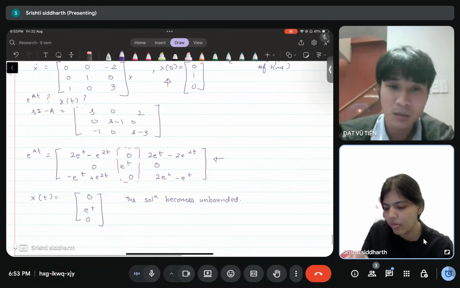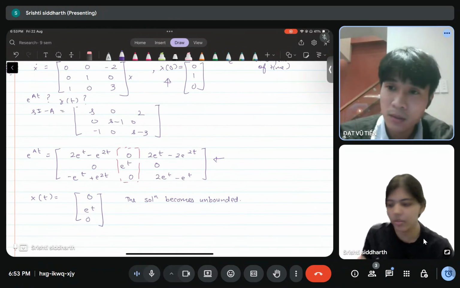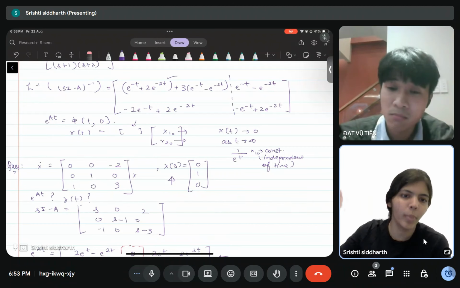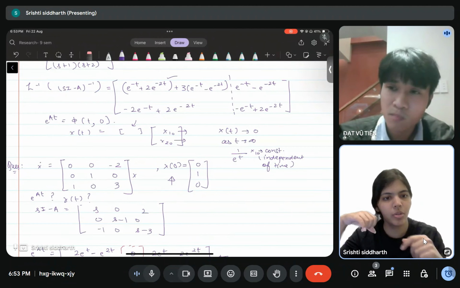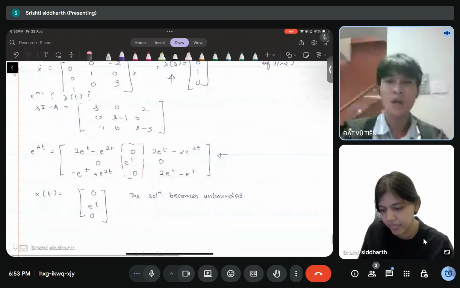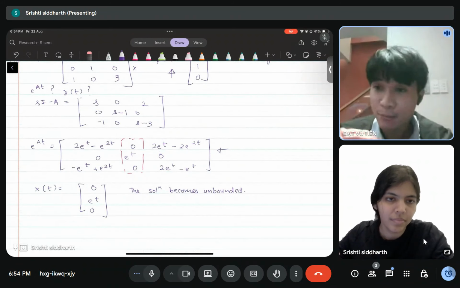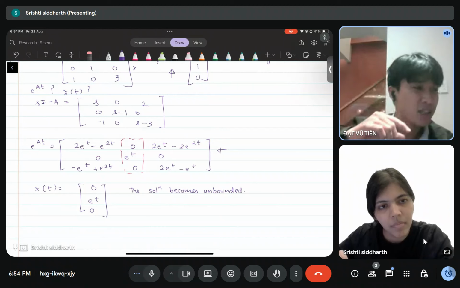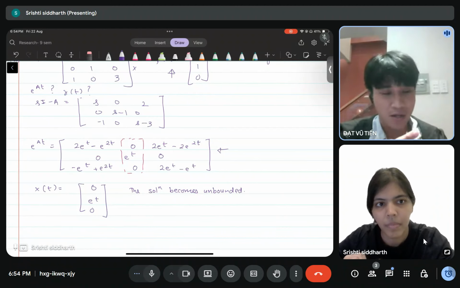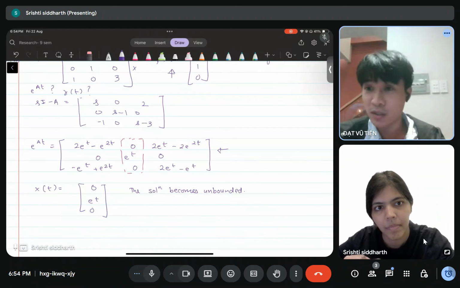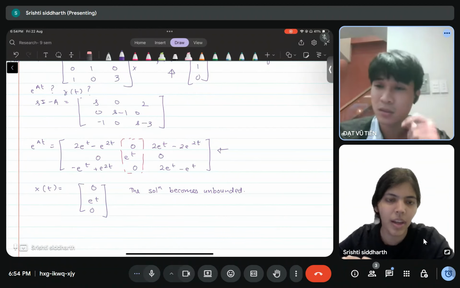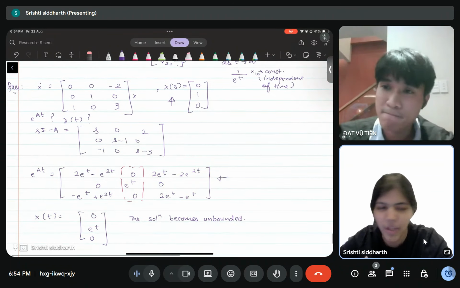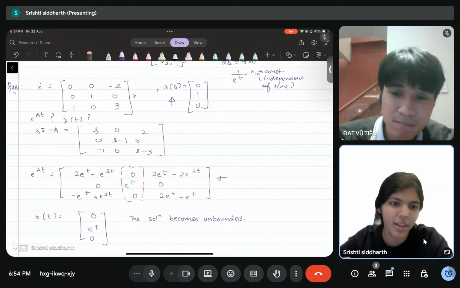So instead of actually solving all of this, you can just put in the differential equation, solve using RK4, plot it, and you will actually see that the solution becomes unbounded. Yeah, you can. That's also a good option. So this is when you can actually compute, but that's not always the case.